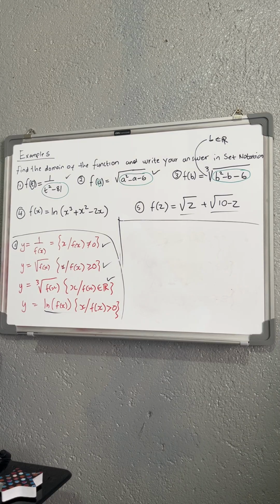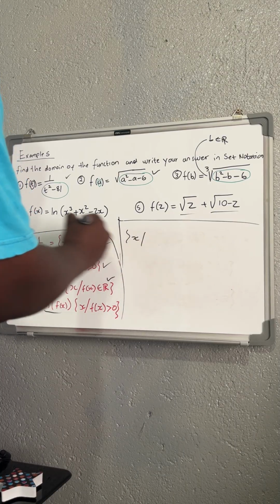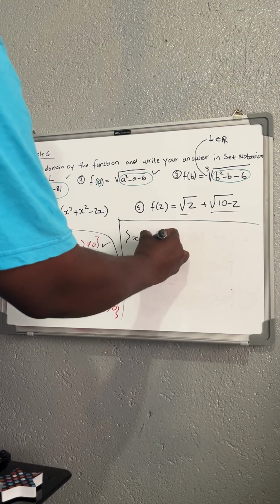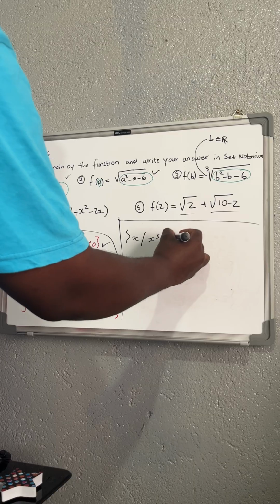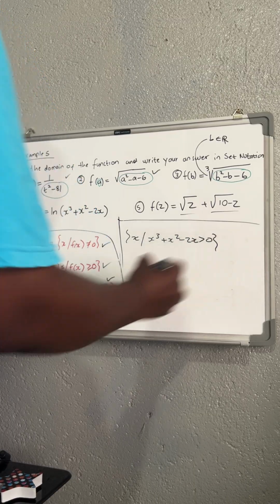So the part that you have inside should be greater than 0. So you're going to say you have x such that x cubed plus x squared minus 2x should be greater than 0.